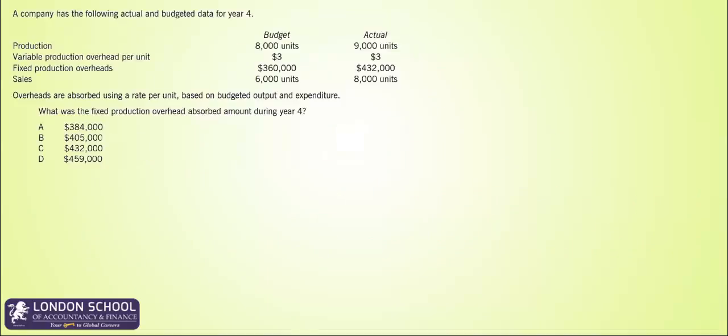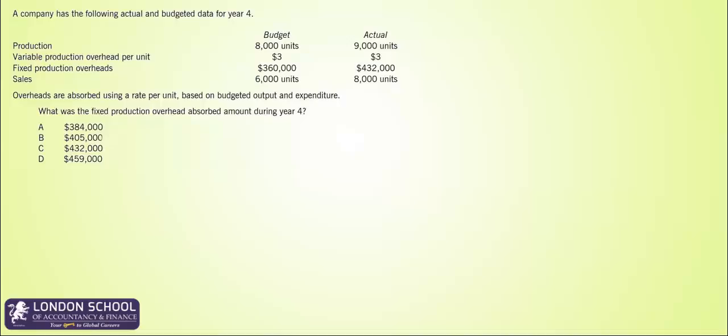Now let's look at a simple question. So the question is, a company has the following information, actual and budgeted for the year 4. So the budgeted production was 8,000 units. Actual production was 9,000 units.